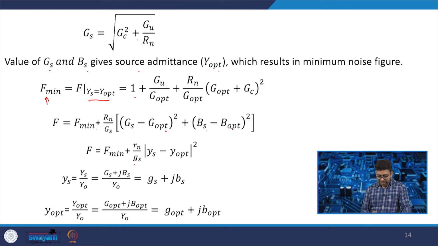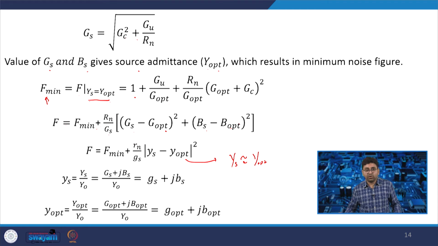What is important here is that if you have designed your amplifier where your source admittance Ys is equal to the optimum admittance Y opt of your amplifier, you will get F equal to F min.